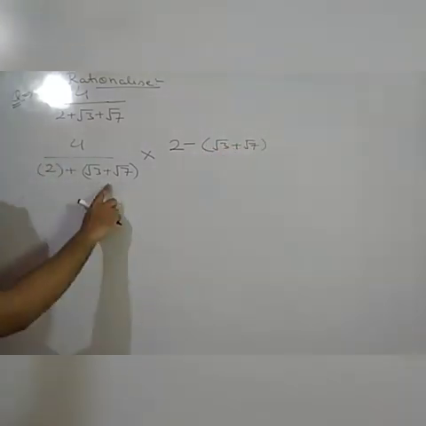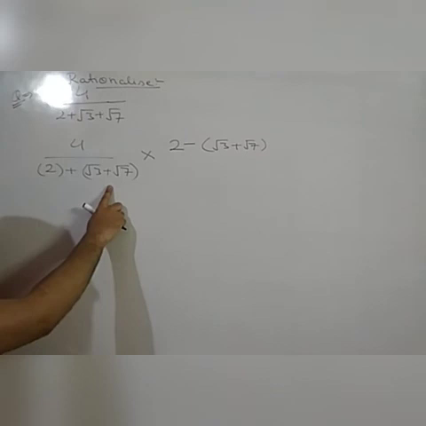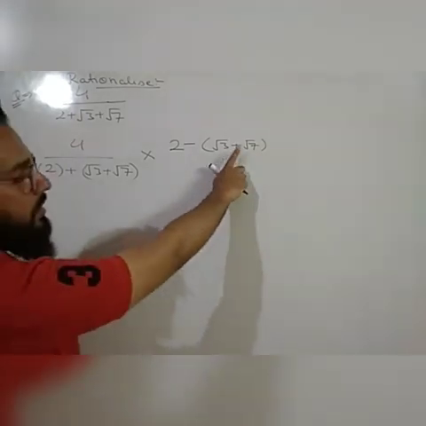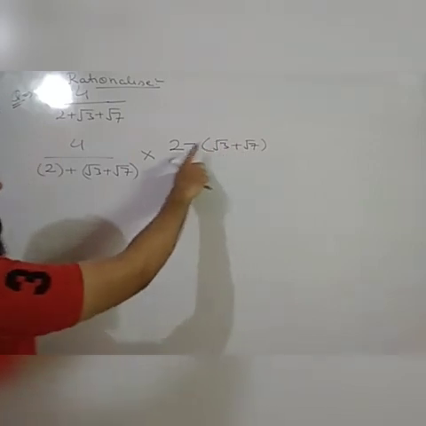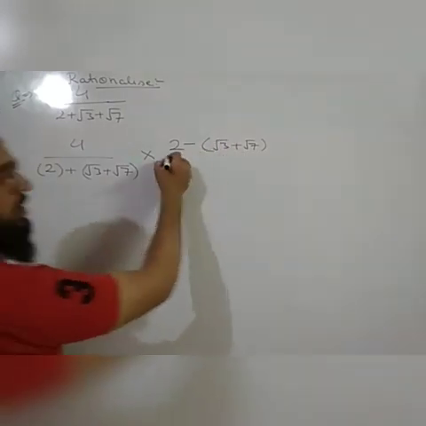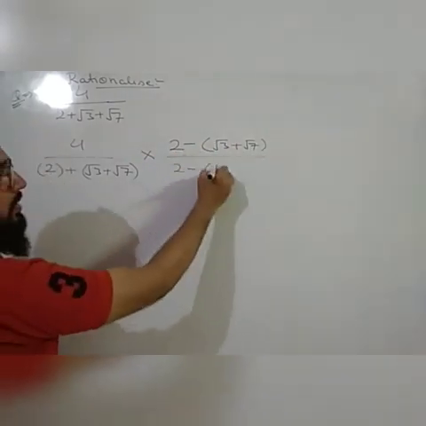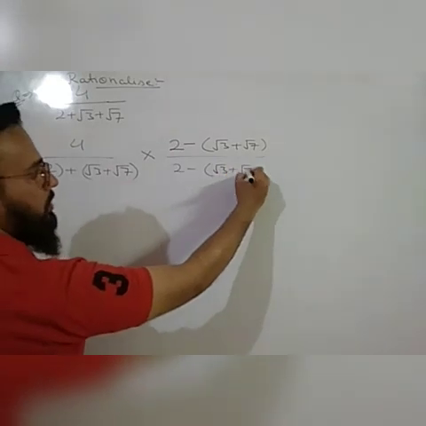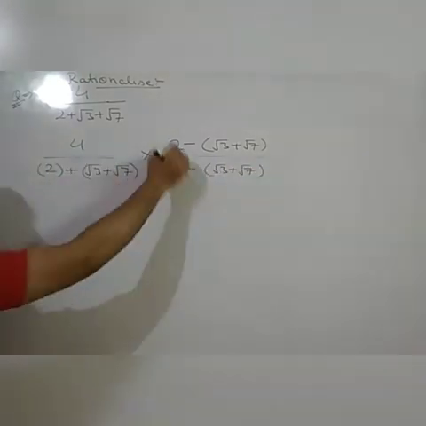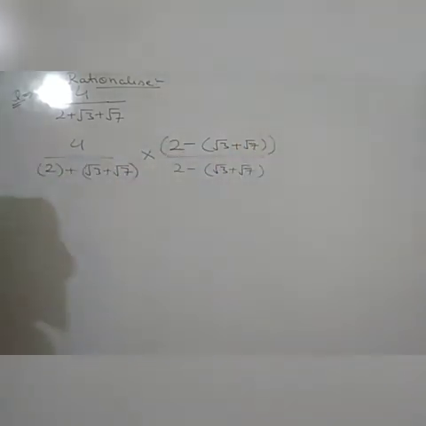The sign inside the bracket will not be changed. Always remember this thing. The sign outside the bracket will be changed, giving 2 minus root 3 plus root 7. So in this way you can rationalize this term and you will get the answer.